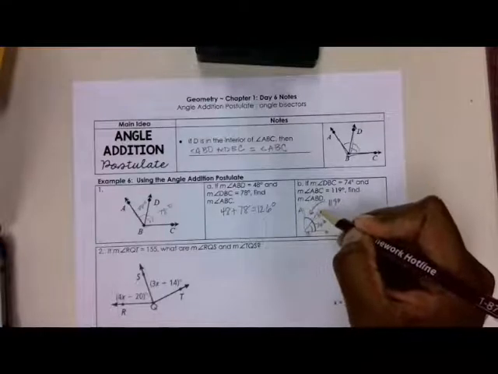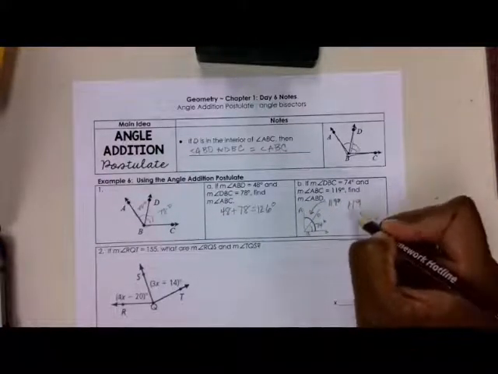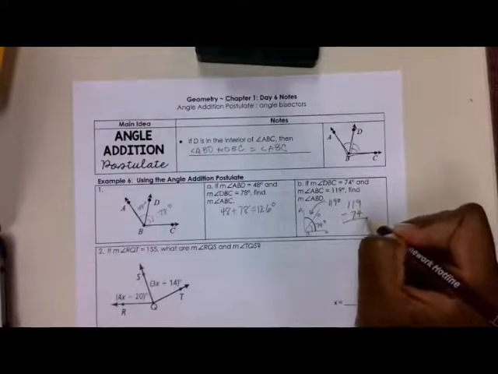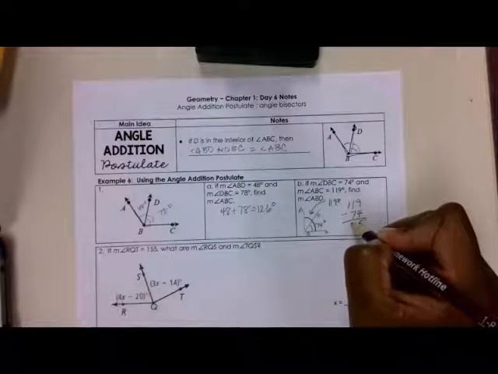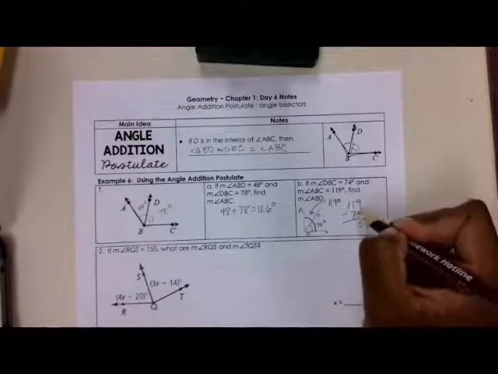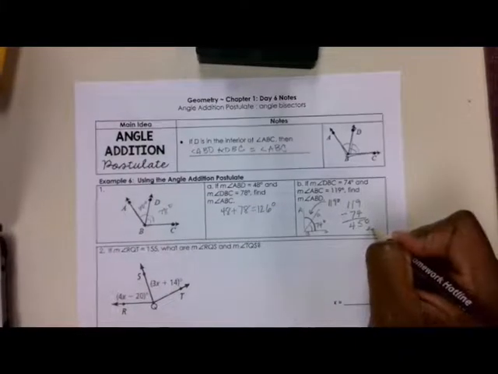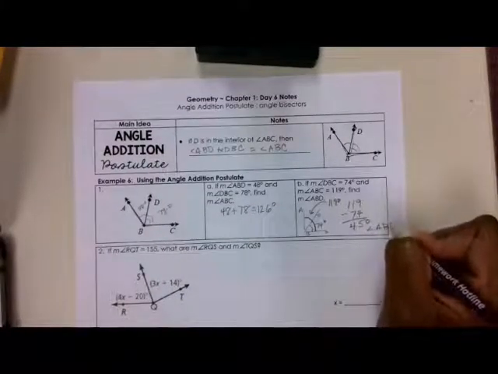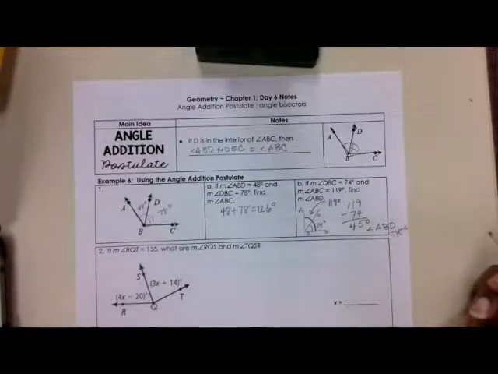I want to find ABD, which is this part. So to find that, I'm going to do 119 minus 74, and that's going to give me 45 degrees. So angle ABD equals 45 degrees.